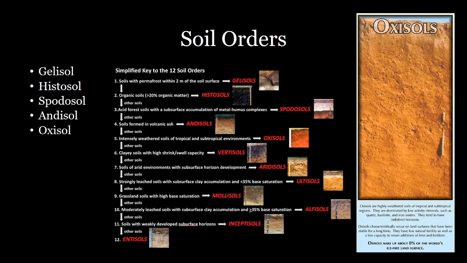And so next we have oxisols. Oxisols cover about 8% of the Earth's surface, so fairly large area. And oxisols have been intensely weathered, usually in tropical or subtropical regions.